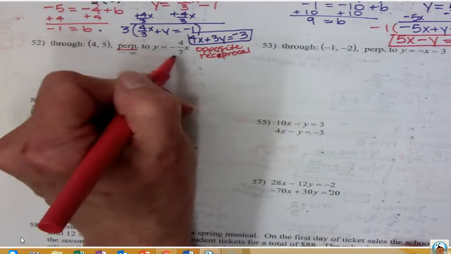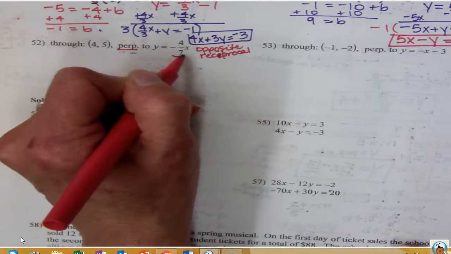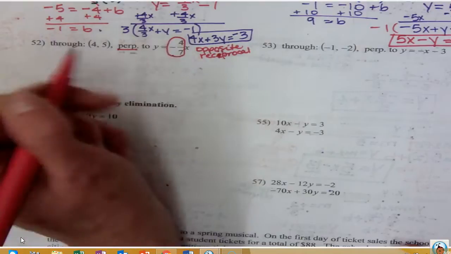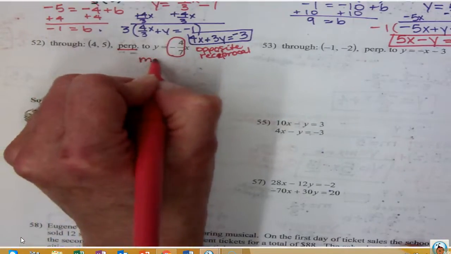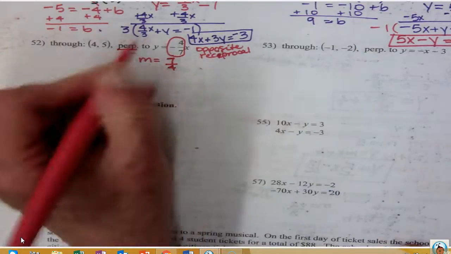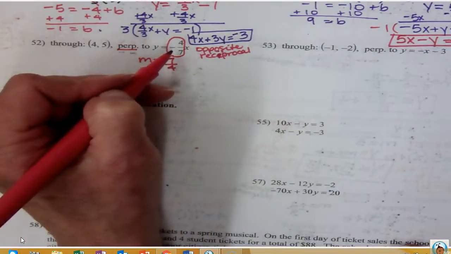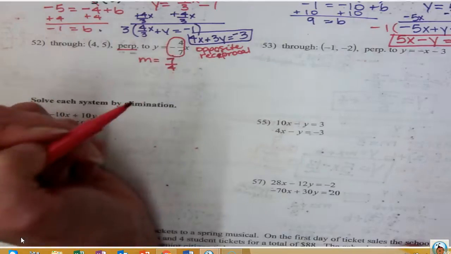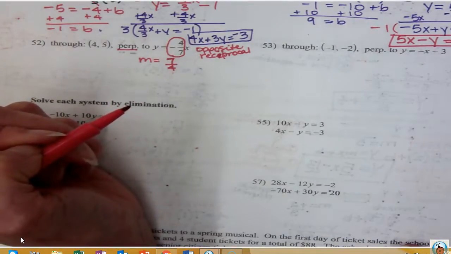So since it's given us the slope of -4/7, our slope is going to be positive 7/4. I've taken the negative and I've done the opposite, and then I've flipped that upside down to get 7/4. So that's the first thing.